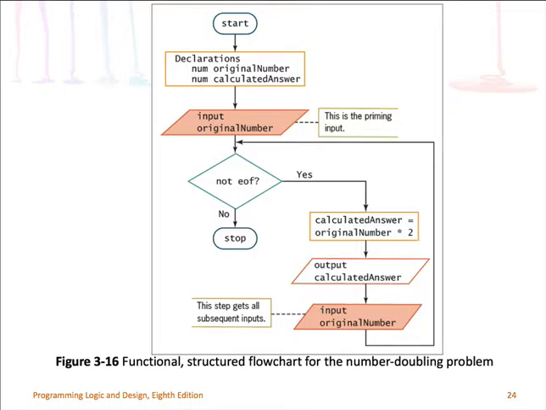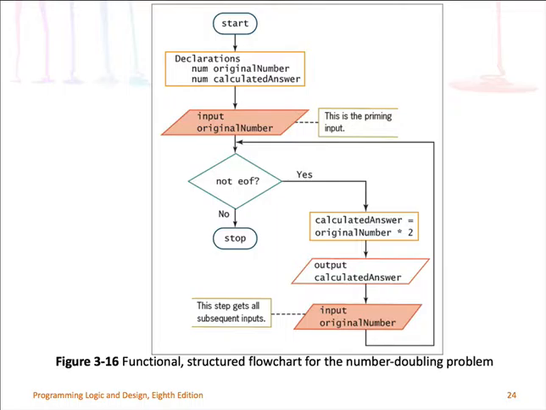Now, one thing that they don't point out here that I would definitely comment on your program and down the road potentially take points off is, last lecture we talked about meaningful variable names. So they declare calculated answer. That's fine. It's an answer that we're calculating. But notice that the other variable they call original number. So the name original implies the first number.